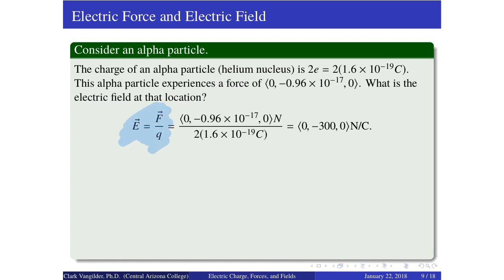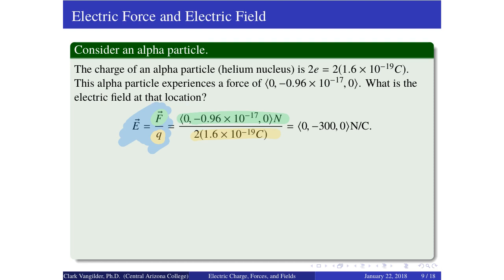Electric field is force per unit charge. The force that we got from the problem statement. Charge, we should be able to figure out from what we know about chemistry and whatnot. And so we just divide.